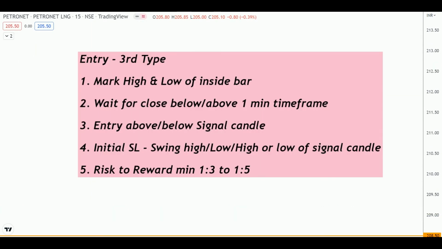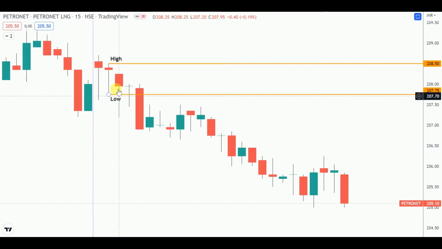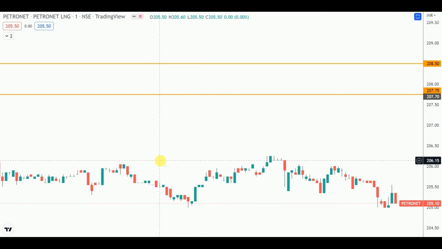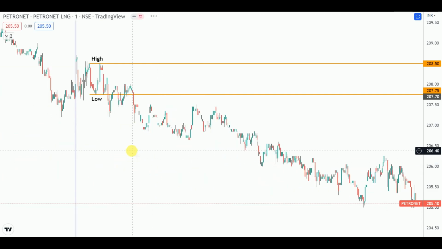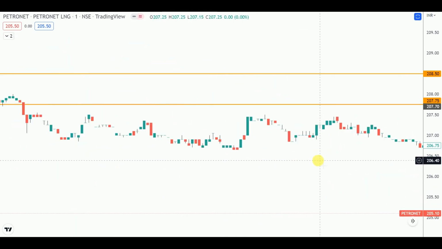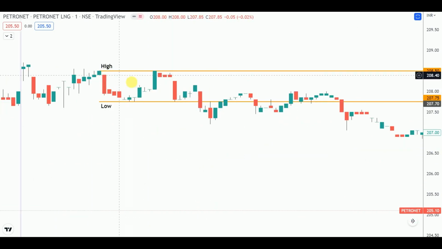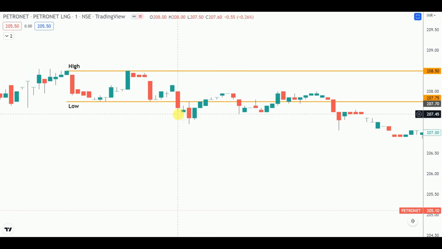The second element is to wait for a close above or below on the 1 minute time frame. Let's understand this on the chart itself. Earlier we marked the high and low of the inside bar on the 15 minute time frame. Now we will shift our time frame to the 1 minute chart, and on 1 minute we will wait for this range of the inside bar to break, and we will wait for that signal candle.